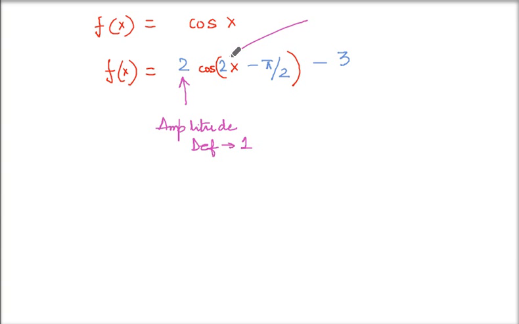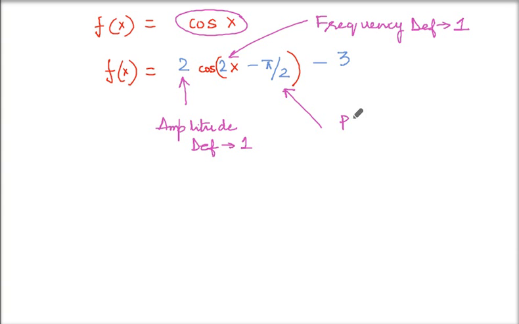This 2 here is known as the frequency, and let's say that by default that is always 1. We are comparing it with this cosine x function. What is minus pi over 2? That is the phase difference. The phase difference of this function is pi over 2.